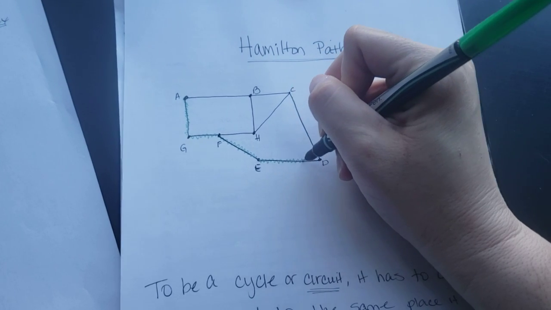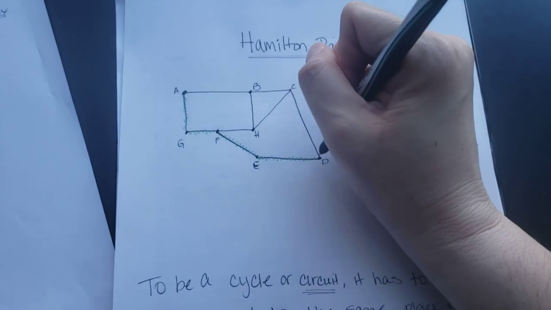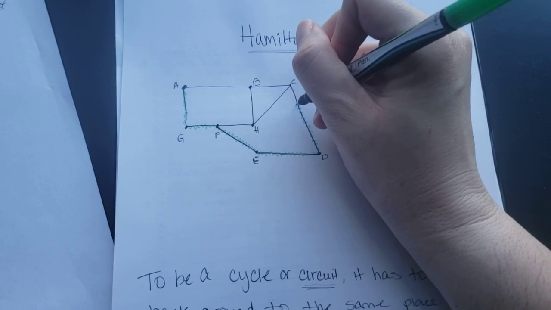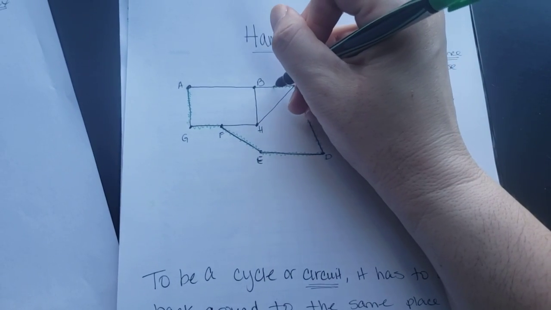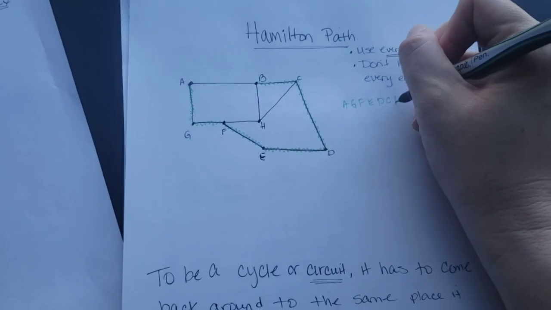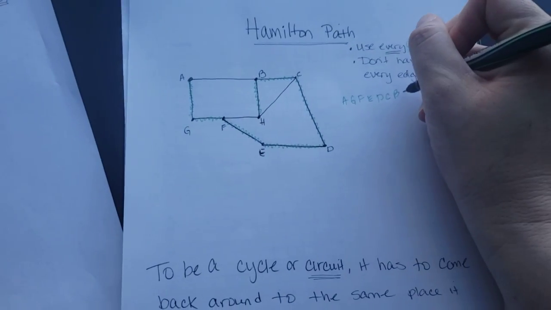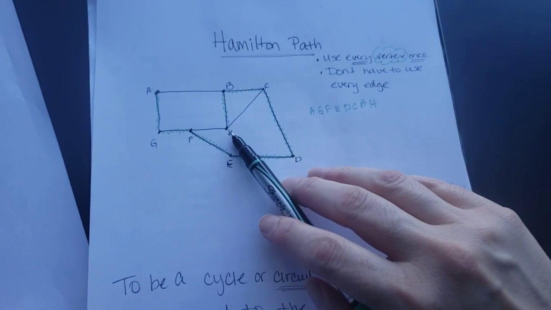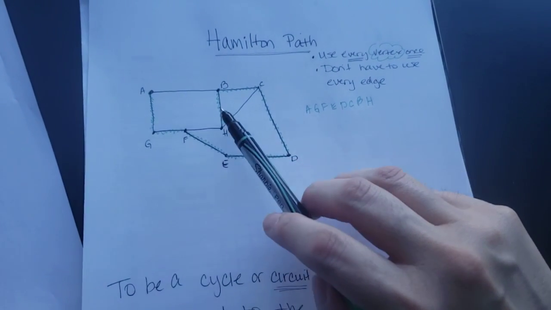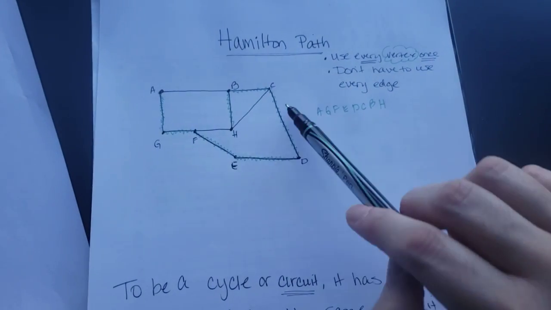E to D. I'm going to go up D to C, C to B, and B to H. Okay, notice I didn't necessarily have to start or stop in the same place, but I did hit every vertex.